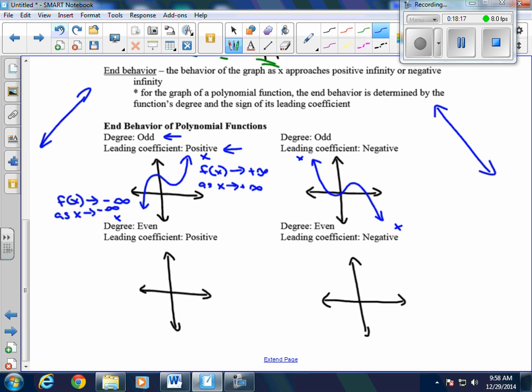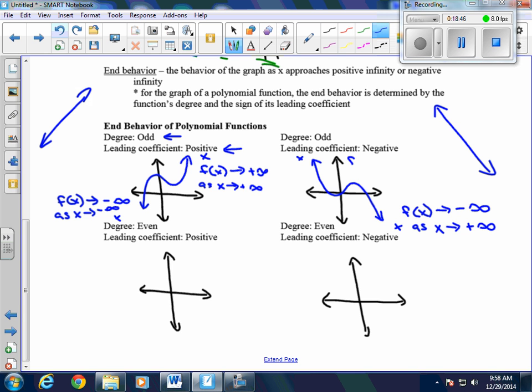The same thing is true on the other side. Here, f of x, which is my y value, approaches negative infinity because it's getting small as x approaches positive infinity. So as x gets bigger here, y is getting smaller. And the same thing is true on this one over here.